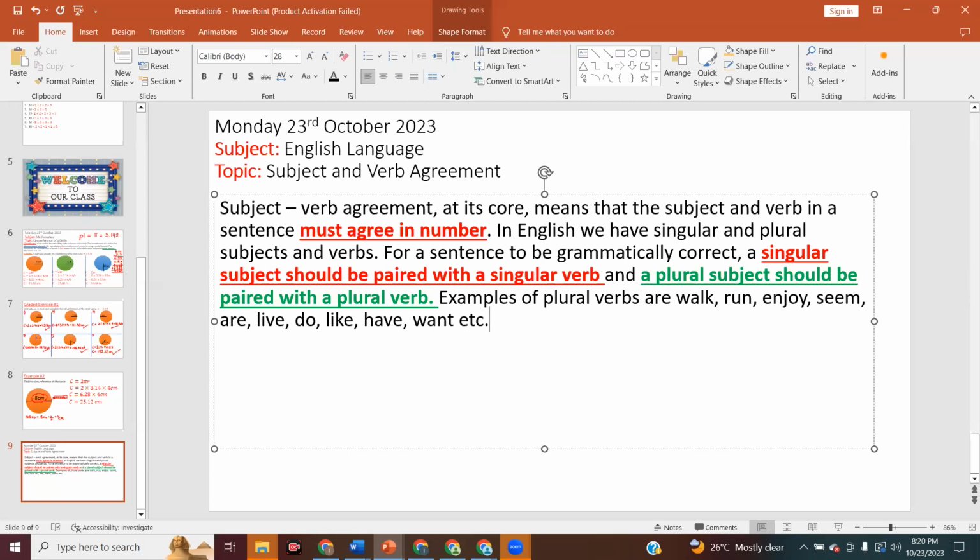Now, inside the chat, let me see if you're all smart. Give me an example of a singular verb. Now remember, plural verbs, you don't put the S at the end. But what do you think about a singular verb? Give me an example of a singular verb.